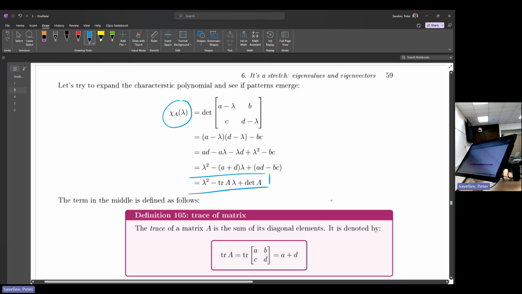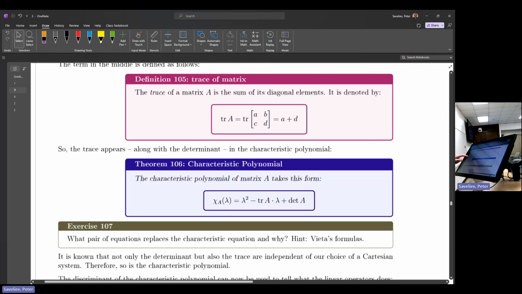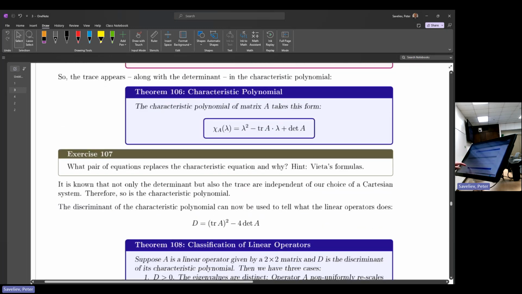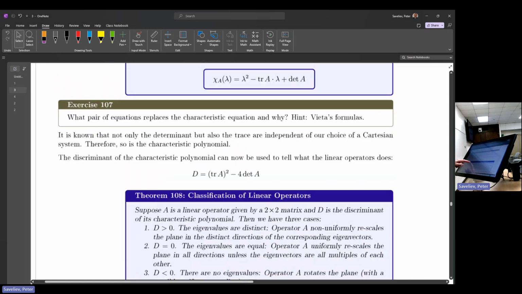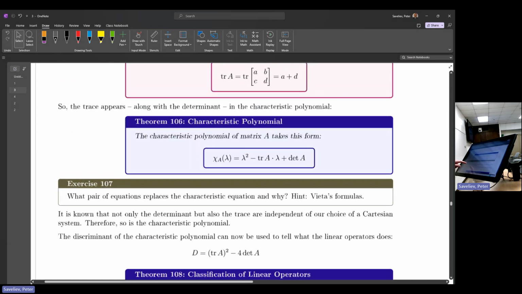The two coefficients P and Q that we care about are the negative trace of the original matrix, as well as the determinant of the matrix, which also makes an appearance. That also reemerges in high dimensions as a shortcut. How much we care about that, maybe not a lot, but I put it forward nonetheless, just in case.